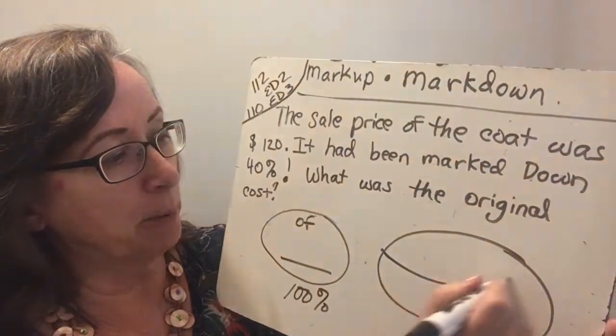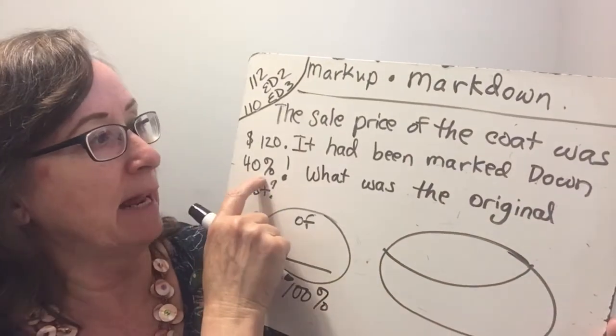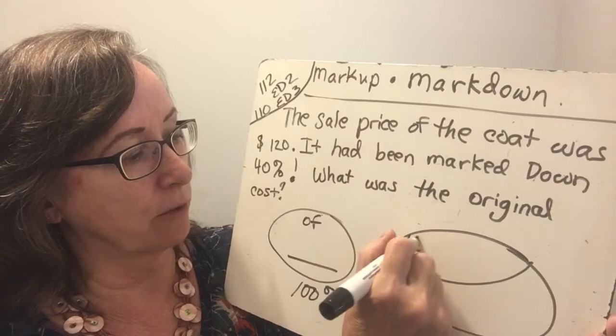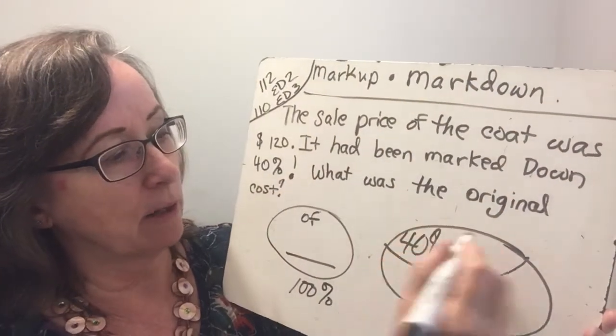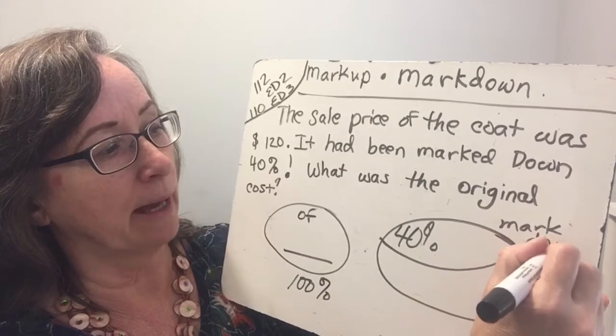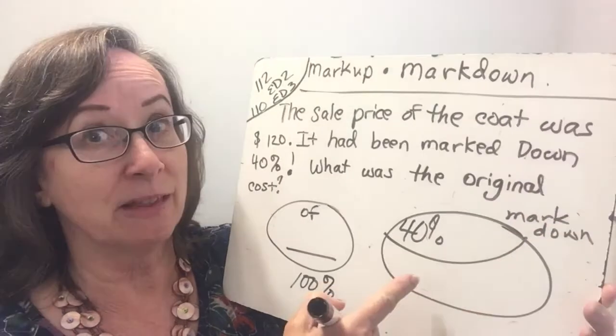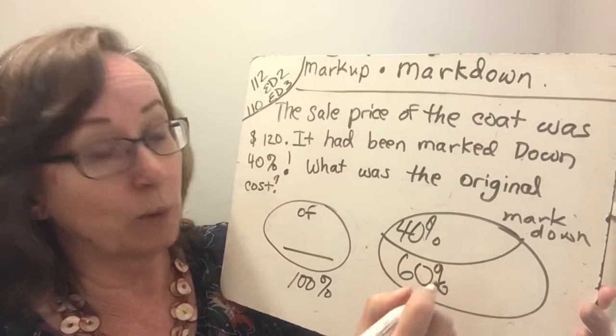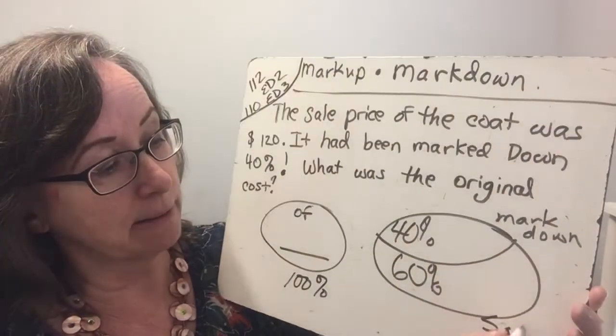So the sale price, now let's think about this. If the coat had been marked down 40%, so 40% was the markdown, and then the remaining 60%, wouldn't that be the sale price?